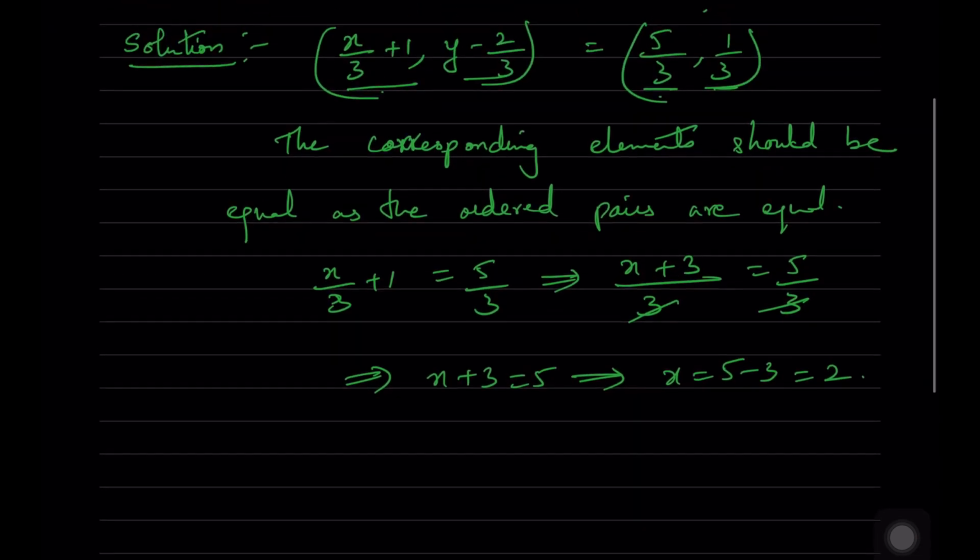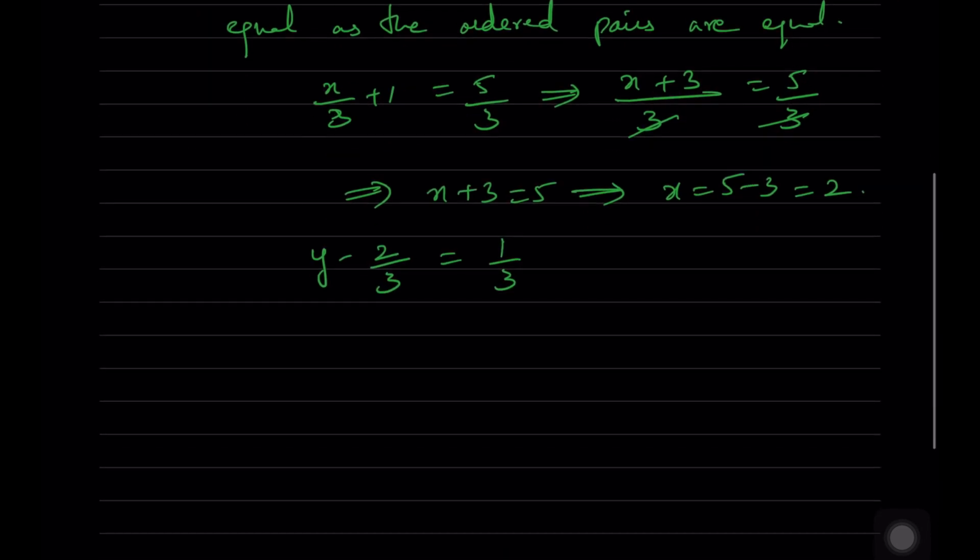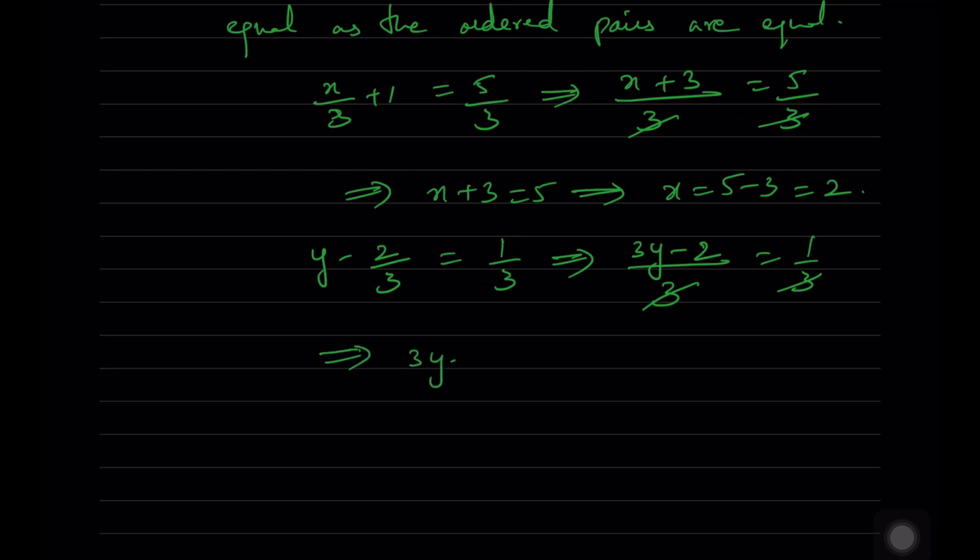Now the next one is what? We have y minus 2 by 3 is equal to 1 by 3. Here also, if you take the LCM, you get 3y minus 2 by 3 is equal to 1 by 3. Now we can cancel out 3 on both sides, which implies that 3y minus 2 is equal to 1, which implies you can add 2 on both sides.